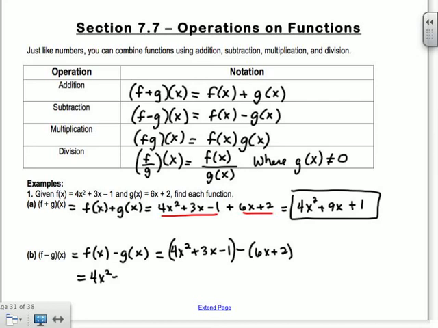So when you do that, you get 4x squared plus 3x minus 1 minus 6x minus 2. So you have 4x squared, and you have 3x minus 6x, so negative 3x. And you have negative 1 minus 2, so you get minus 3.